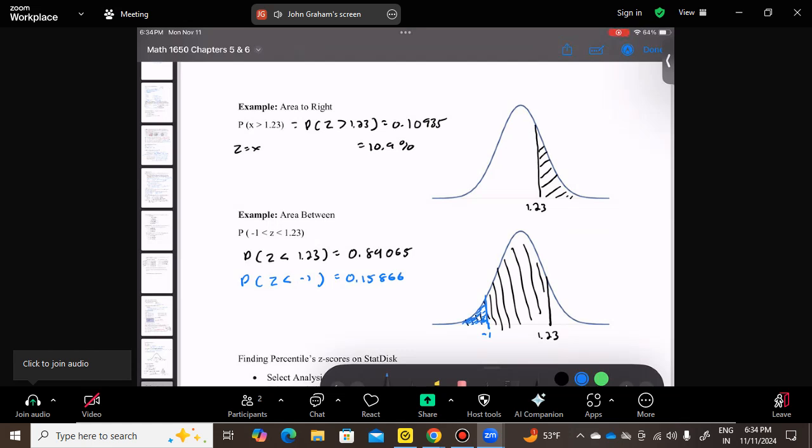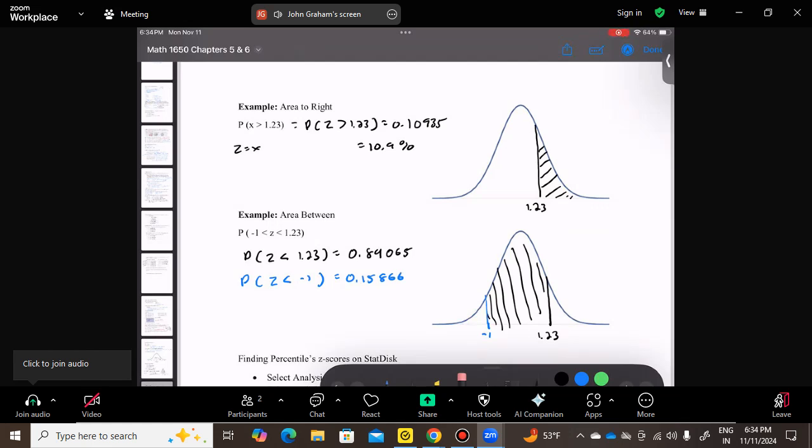And again, what we're doing is we take the area to the left of the higher z value, and we're subtracting off the area to the left of the lower z value. And we're subtracting off this area to get the area between.